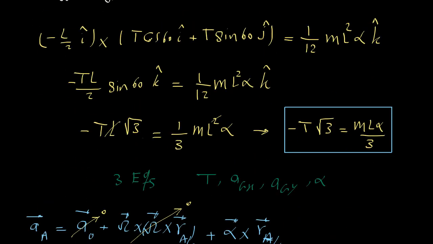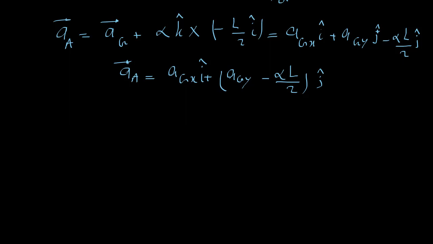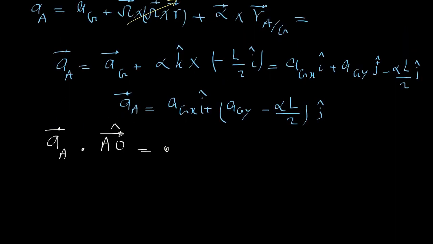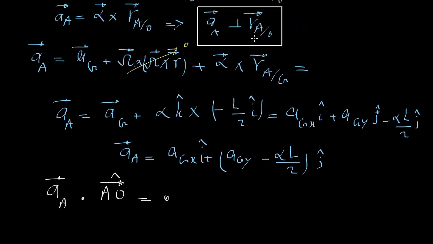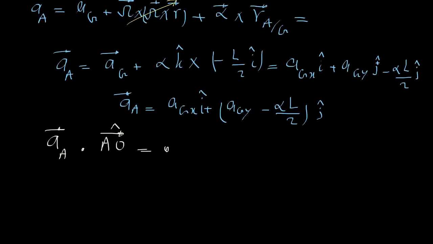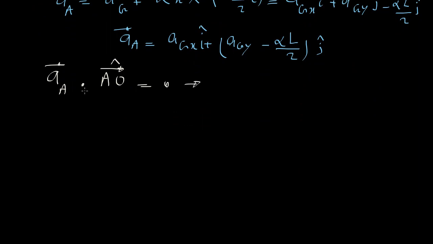So we want to apply our constraint: A A dot the A O unit vector should be equal to 0. Again, it doesn't matter, when we say it is normal to A with respect to O, it is also normal to R O with respect to A. So here we have this vector, and we can say that this is the dot product.